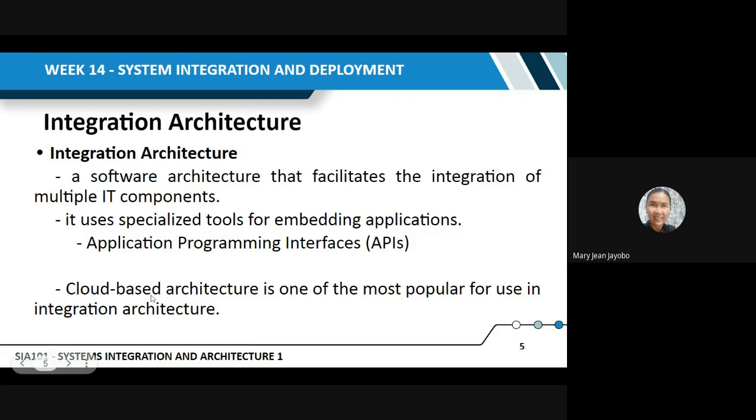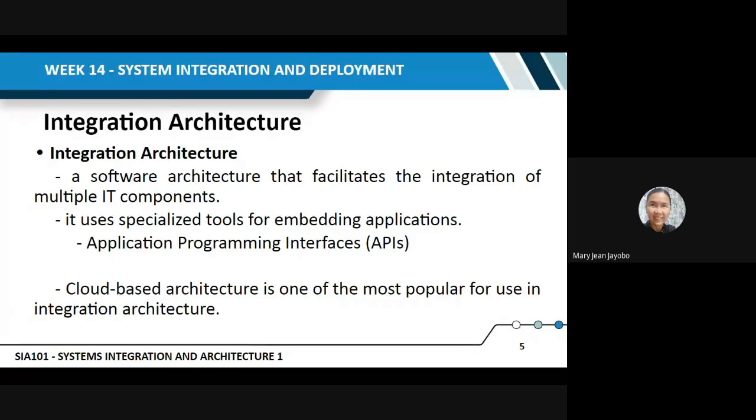Now, we have the cloud-based architecture, which is one of the most popular for use in integration architecture nowadays. So this has now become a new option in the current situation natin. Okay, so naging popular na siya ngayon. But before, people were adamant, they were afraid or had doubts about using cloud-based architecture because they were afraid about the integrity and security of the cloud.